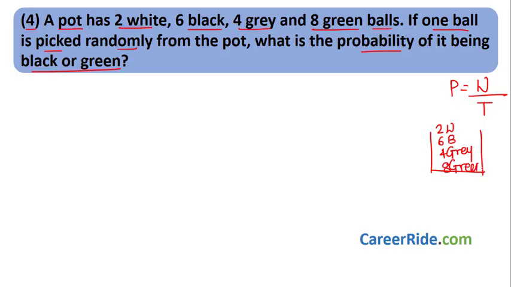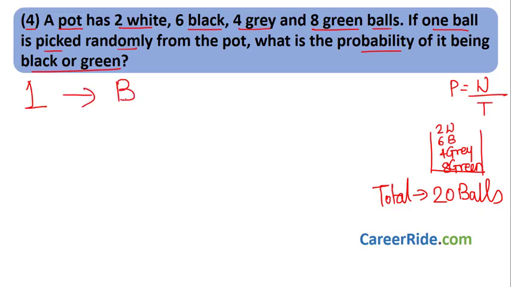What are the total number of balls? 6 plus 2 is 8 plus 4, 12, plus 8, 20 balls are there in total. That means there are total 20 possibilities, right? We have to pick one ball randomly. What is the probability that it is black or green?